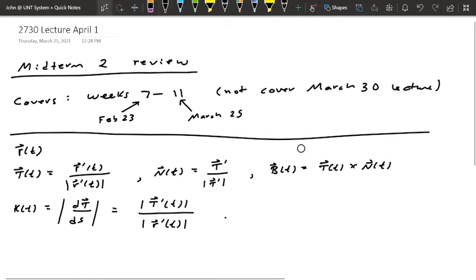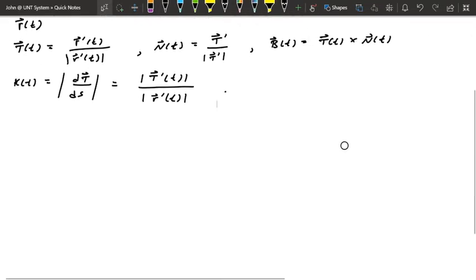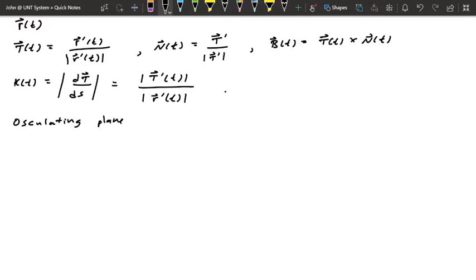Okay, and then associated with these objects, we have the osculating plane and the normal plane. So the osculating plane, and these are functions of t, right? So it would change depending on what t is. So it's the plane which contains the vectors, these orthogonal vectors, T and N.